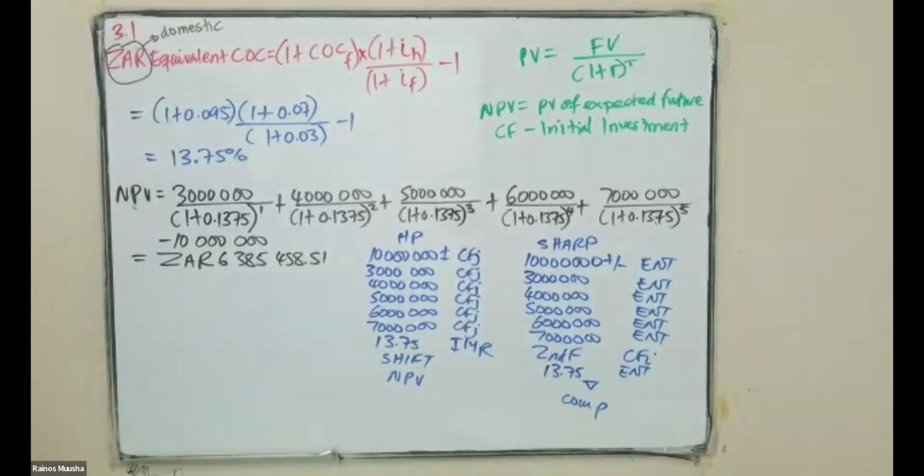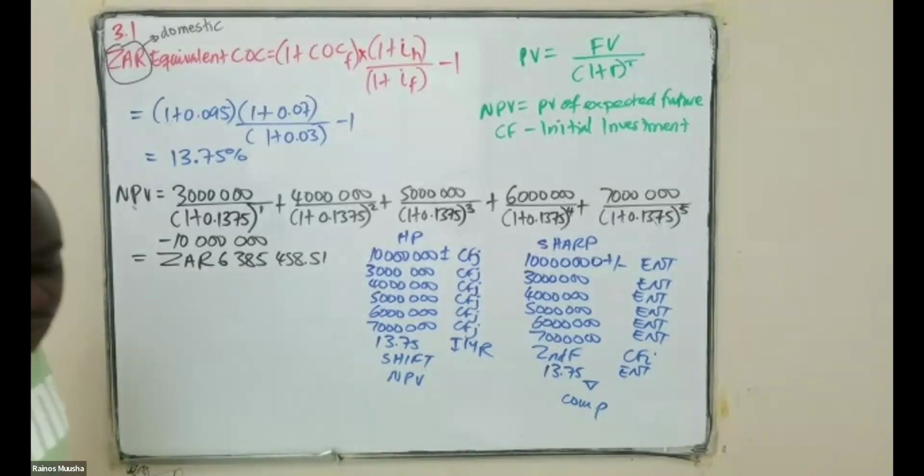Are we getting the same amount? Anyone struggling to get the answer? So our ZAR net present value is this much, right?